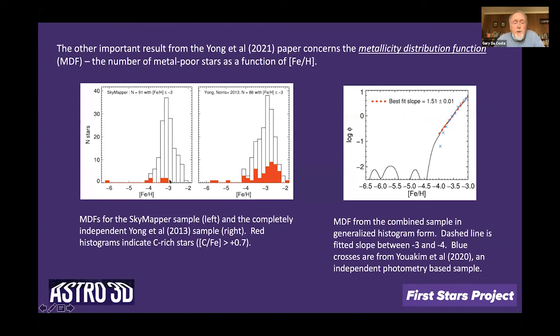And the red points here are, in fact, carbon-rich stars. And then in this part over here, you see the slope that we get: a slope of 1.5 for the logarithm of the number of stars changing with metallicity. And that's actually in good agreement with a photometric study from the Pristine group.